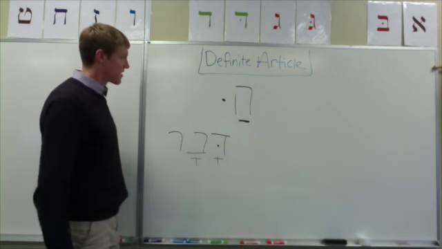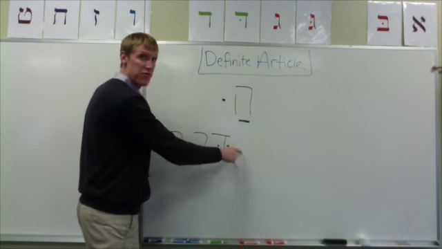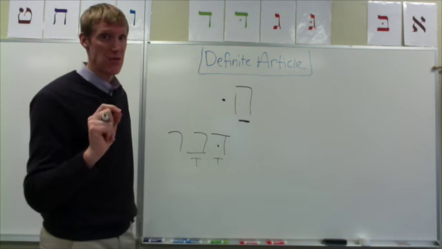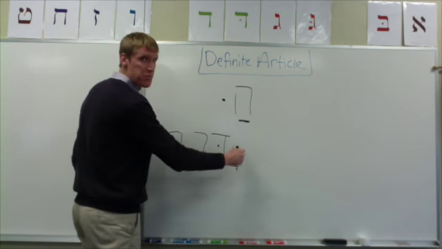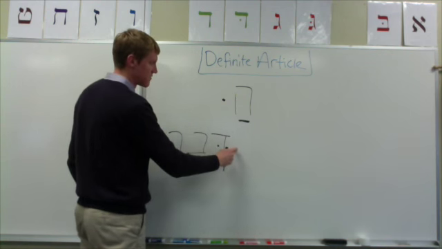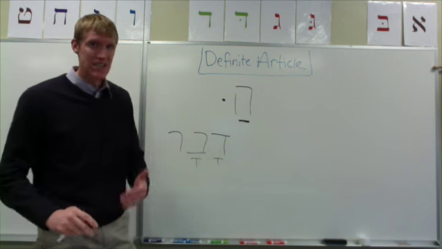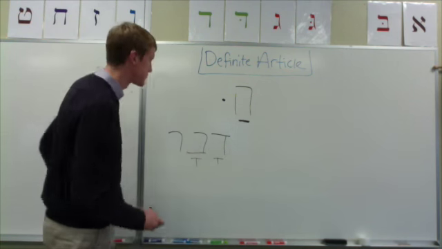Now, if there was to be any vowel sound before the dalet, I'm reminding you of the dagesh lene rules for the begadkefat letters. If there's any vowel sound that precedes, the dagesh lene will disappear because it has to follow a closed syllable. It can't follow a vowel.